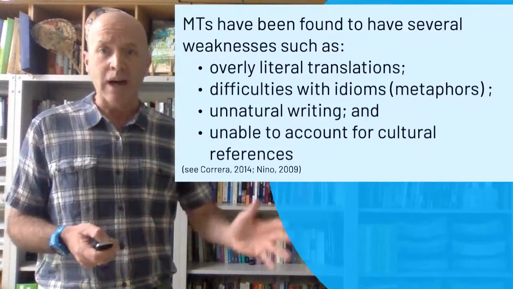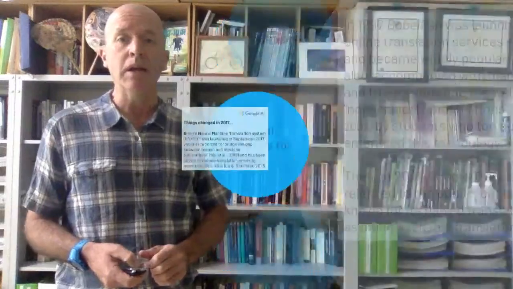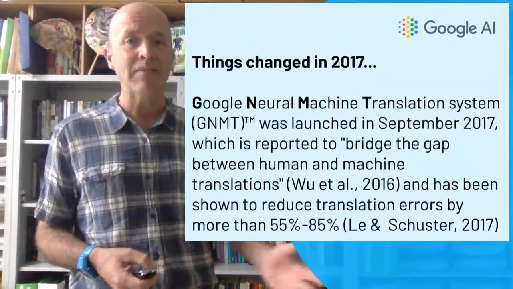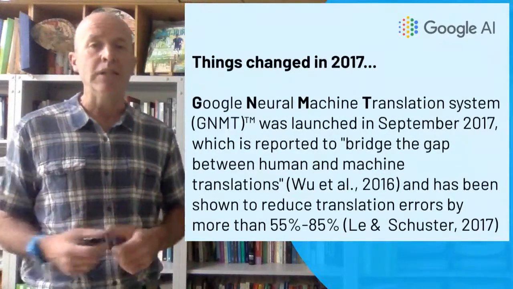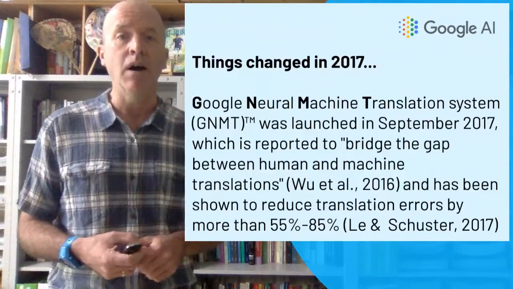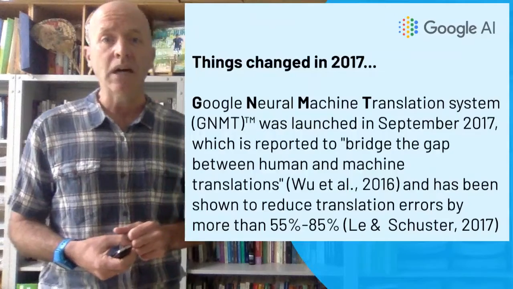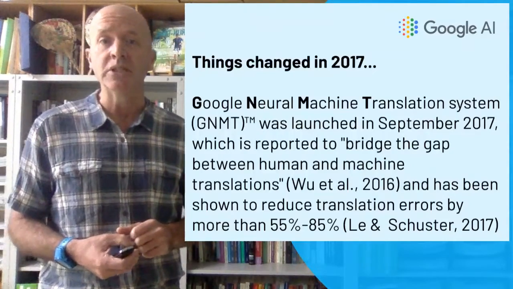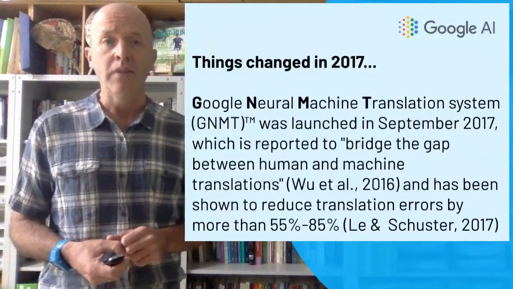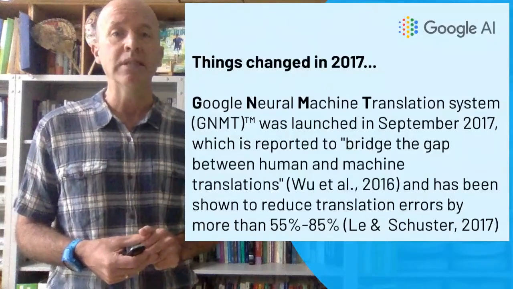But if we fast forward another decade and jump to around 2017, things began to really change within this field of machine translations or online translations with the release of Google's Neuro Machine Translation System. And this was back in September of 2017.